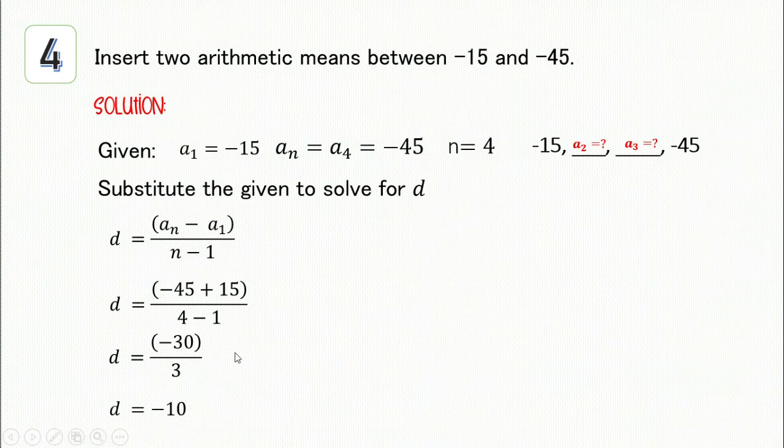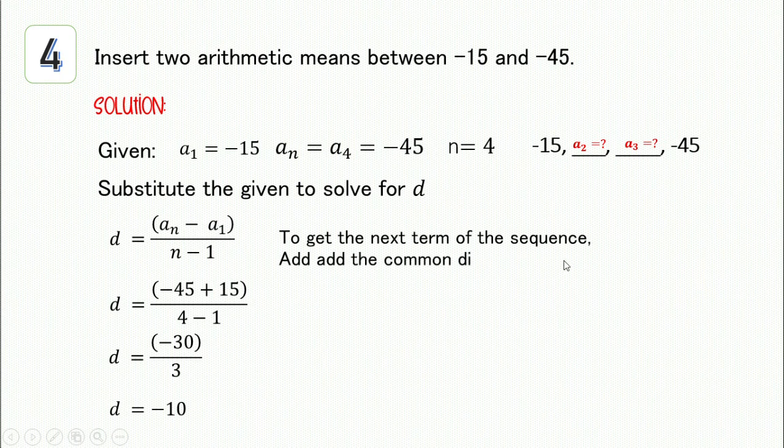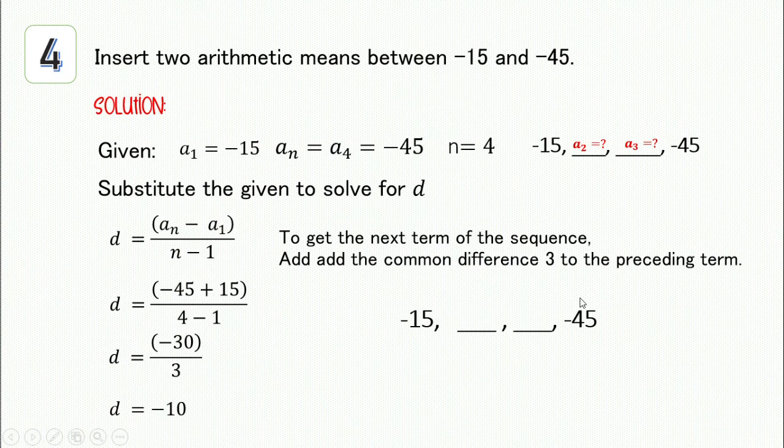Ibig sabihin ay mag-a-add tayo ng negative 10 in the preceding terms. To get the next term of the sequence, add a common difference to the preceding term. So, ito yung mangyayari, no? So, negative 15. Para makuha natin yung a sub 2 at a sub 3, mag-add tayo ng negative 10. So, negative 15 plus negative 10 is negative 25. And negative 25 plus negative 10 is negative 35.